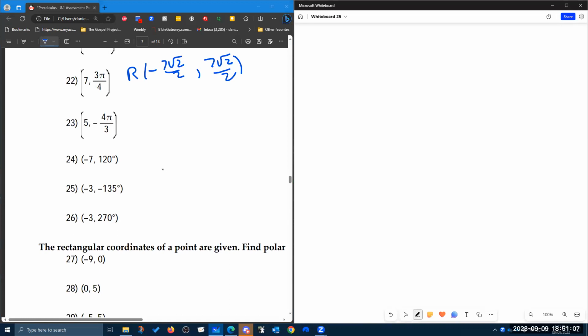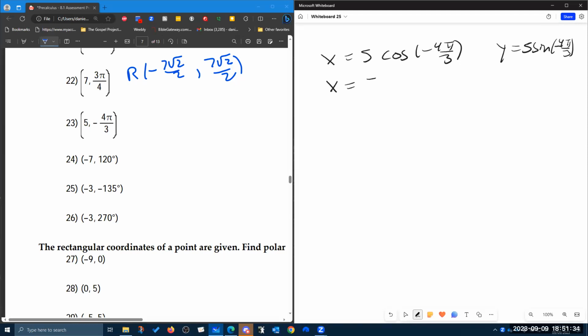Number 23, x is 5 cosine negative 4 pi over 3. Y is 5 sine of negative 4 pi over 3. So a negative 4 pi over 3 is going to put me in quadrant 2.